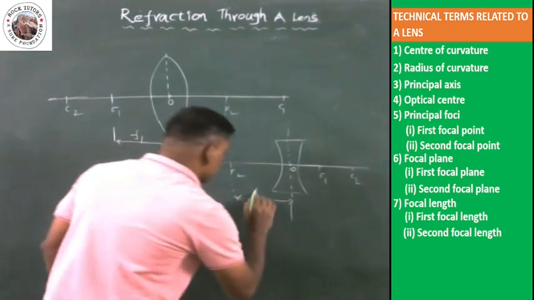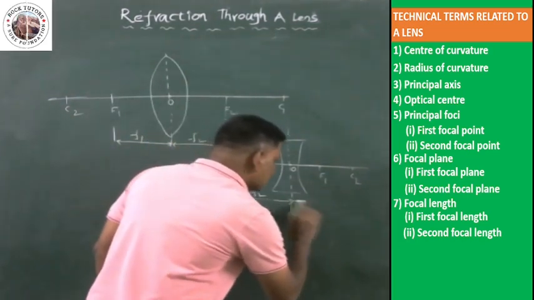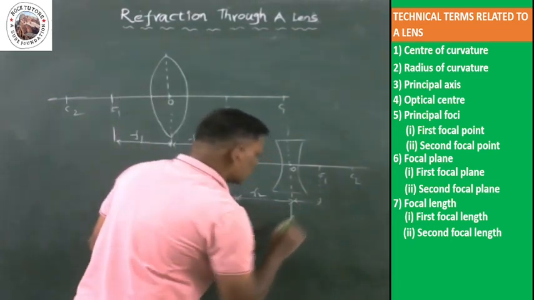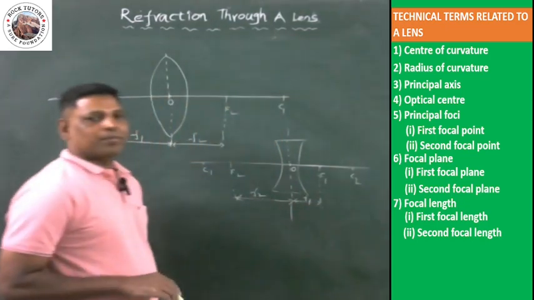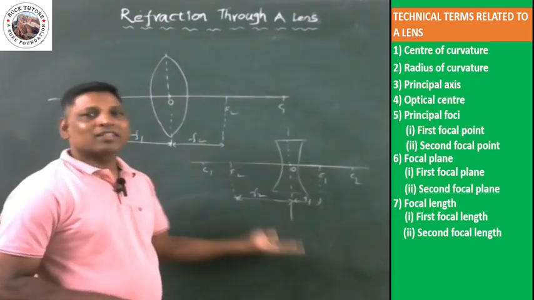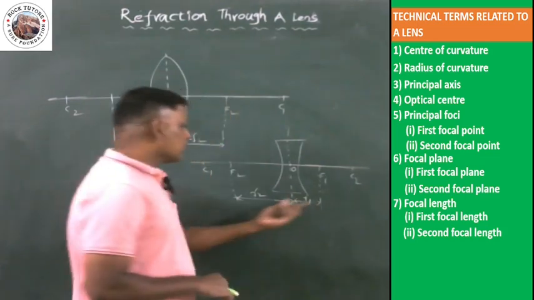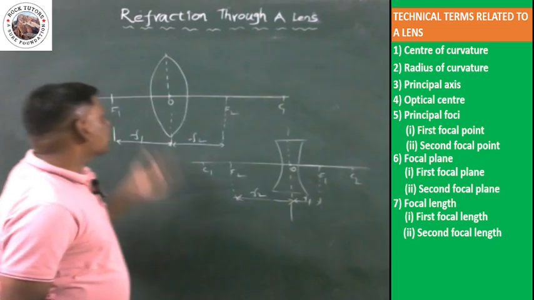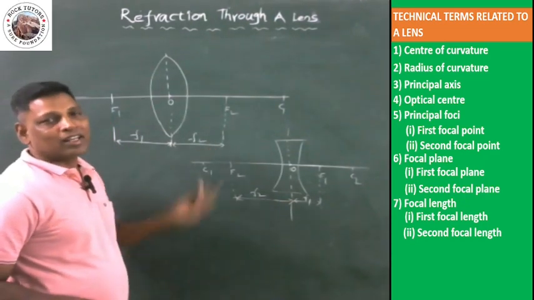This is F2. Here, the distance between the optical center and the first focal point is called a focal length. This is F1. These are the focal lengths for a concave lens and a convex lens. For the convex lens, this is the first focal length, this is the second focal length.